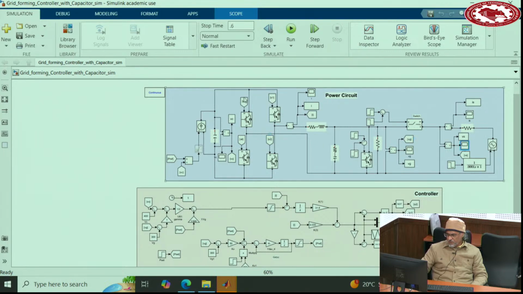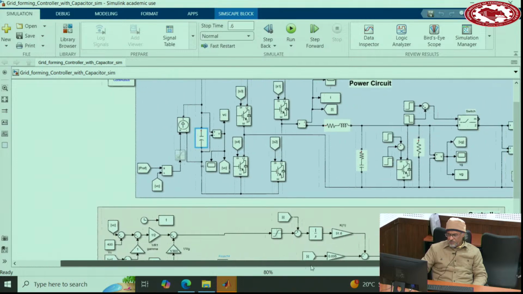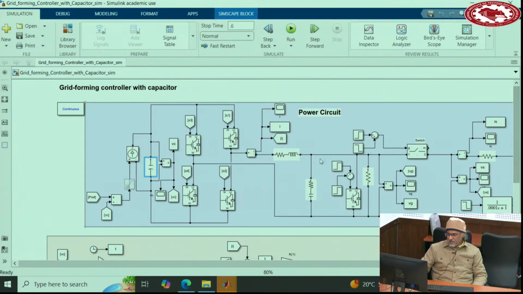So this is the voltage source converter. A capacitor is here, and the current source here. So it's just like a two-stage, but the first stage we are not concerned with now. We model the first stage as a power source, basically. And then this is the current of the inductor, and this is the capacitor.